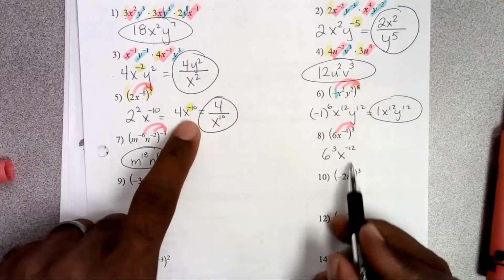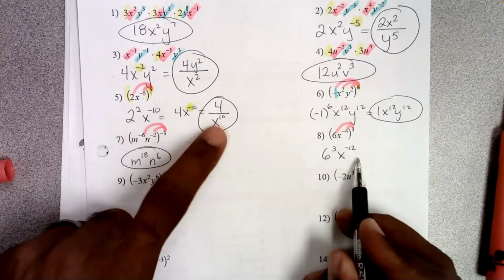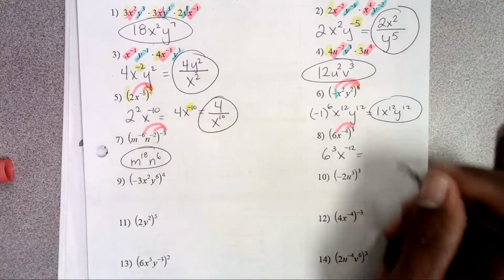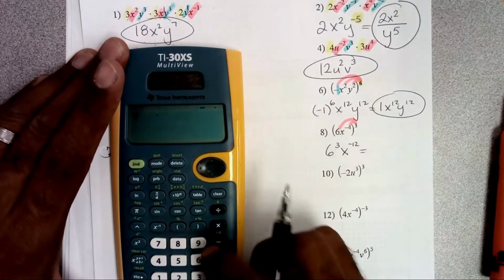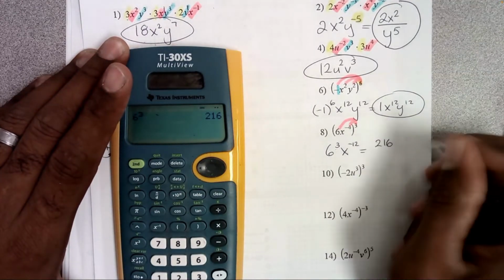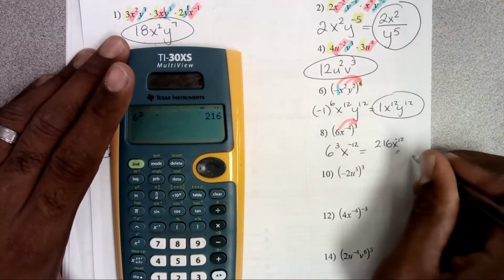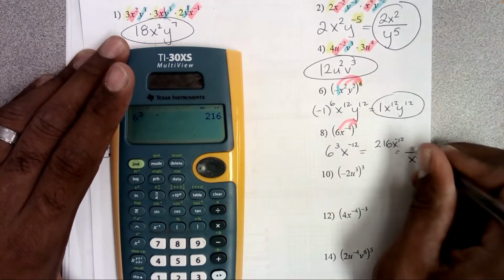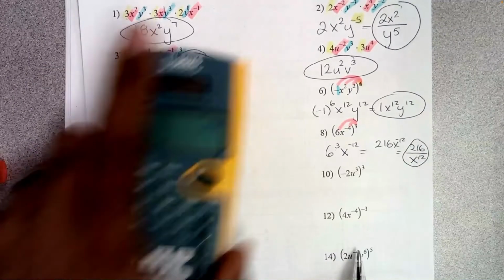Okay, so a lot like this one, where I'm going to have to first multiply out this number and then move that negative exponent. Okay, so first let's multiply out 6 to the 3rd power. Okay, so that's 216. And then let's move that negative exponent. So now we just move it down. Okay, and there it's simplified just like that.